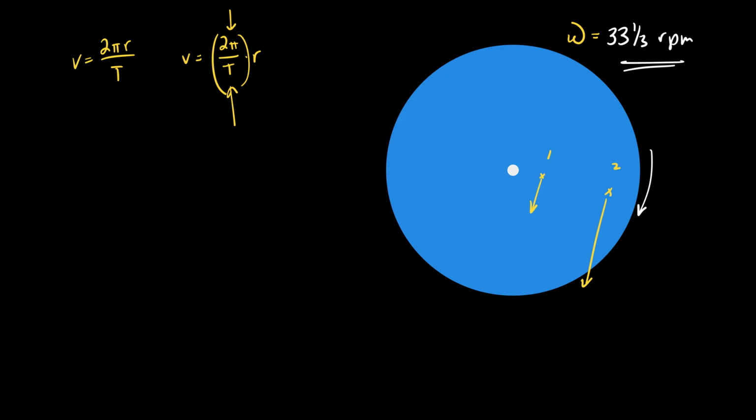But what I want you to do is think about this: if you know something's speed in rotations per minute, could you figure out what its linear speed is in meters per second?